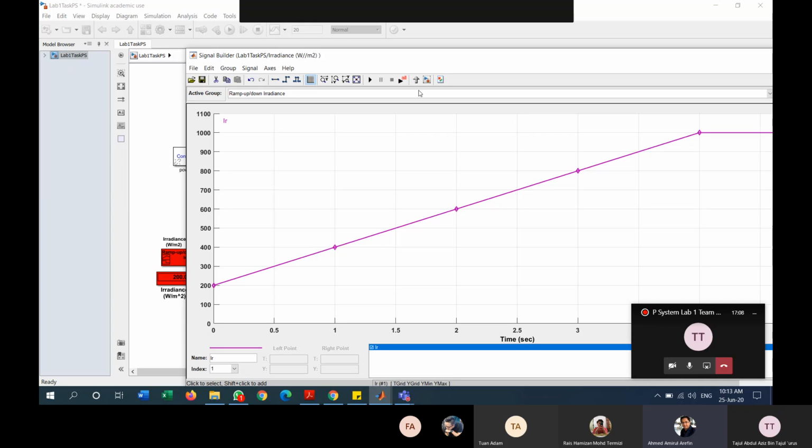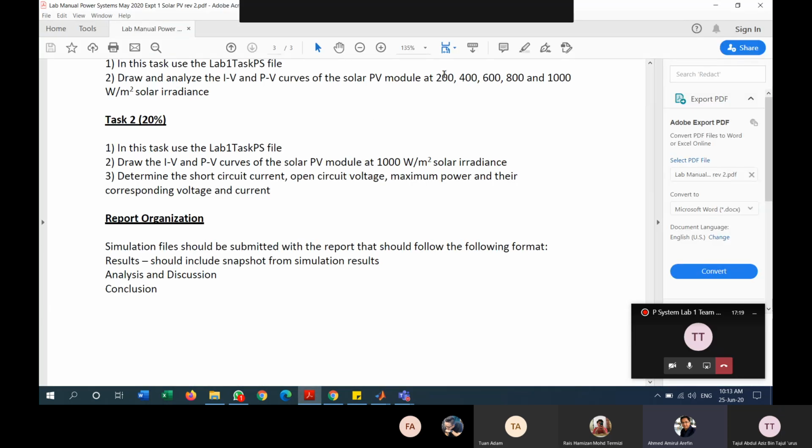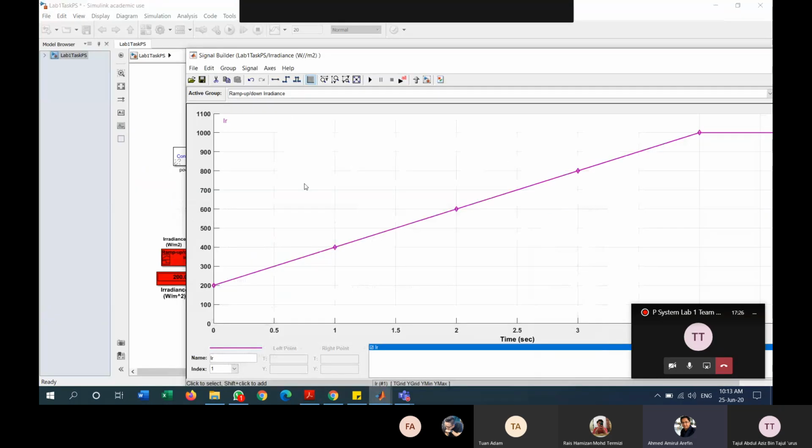Okay, so you can see we have different irradiance because in our task they said that you have to simulate for different irradiance: 200, 400, 600, 800 and 1000. So how you can set that? It is already set here. If you want to set it from the beginning, you need to click the button signal.